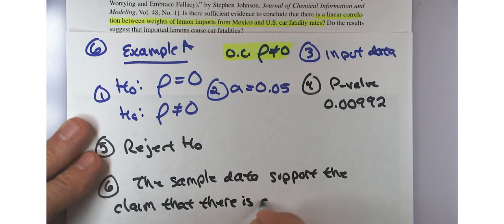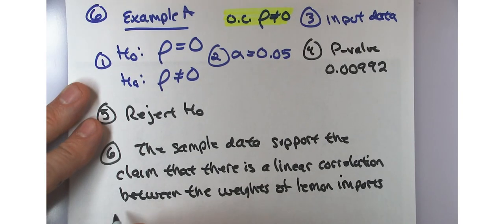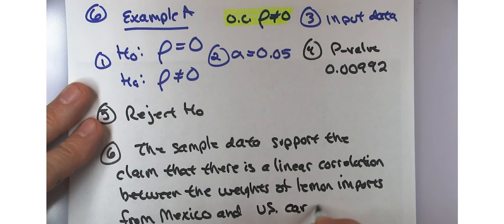Is a linear correlation between the weights of lemon imports from Mexico and U.S. car fatality rates.